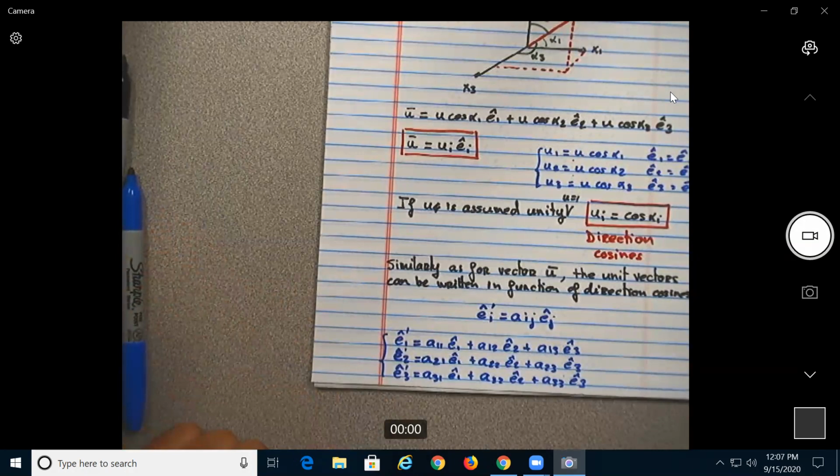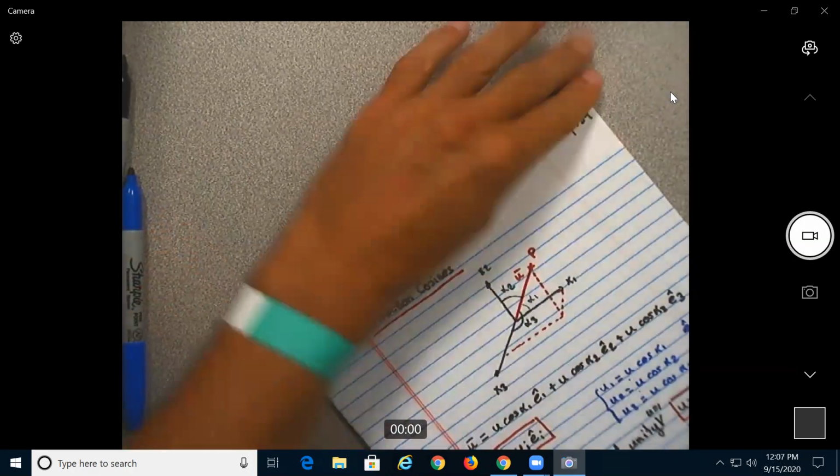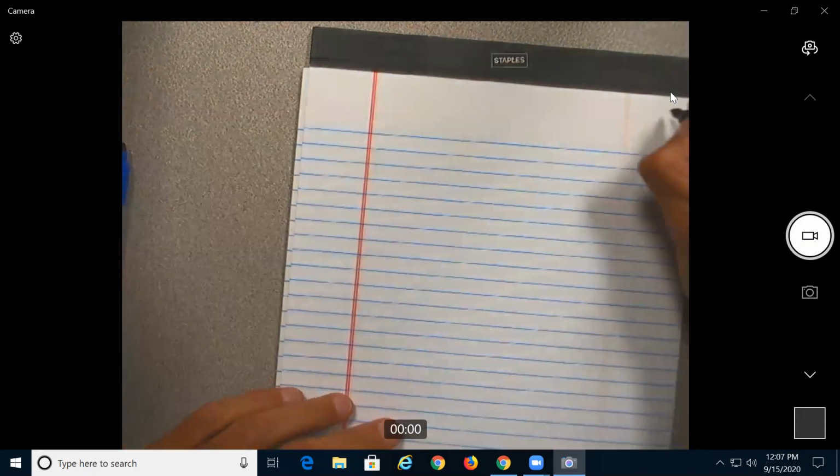Let's get a little bit more, and then I'll stop for a second and we do a summary. So this was page 39, page 40.